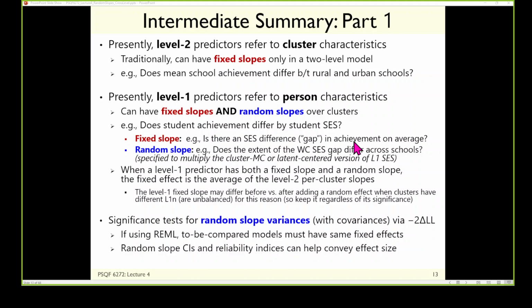If so, that's a random effect. The idea is that the gap varies across clusters. The way of operationalizing that idea of a money-related gap is a random slope. So the fixed slope applies to the level 1 predictor. The random slope applies across clusters. So it's a level 2 random slope variance of a level 1 predictor.